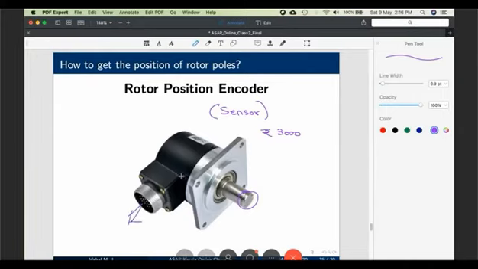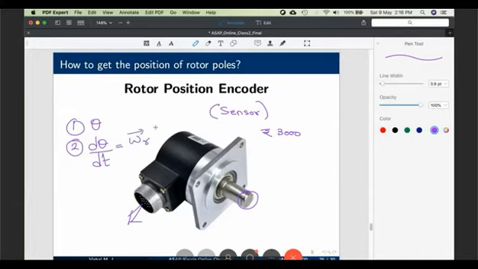This may be a very complex RPE, but any encoder will give two parameters. One is theta, that is the position of the rotor poles. The second one is d theta by dt, the time differential of this theta. What is this? This is nothing but the speed of the rotor.